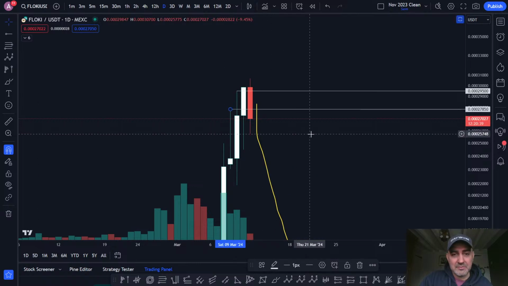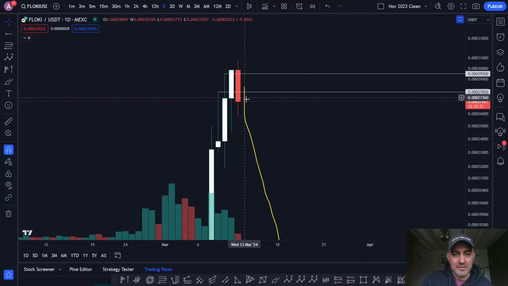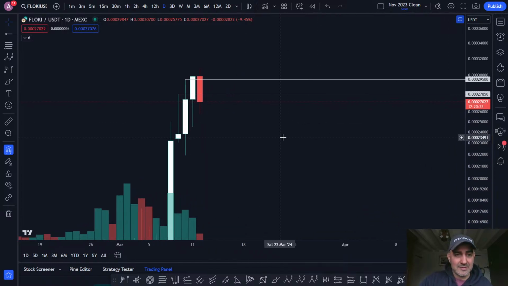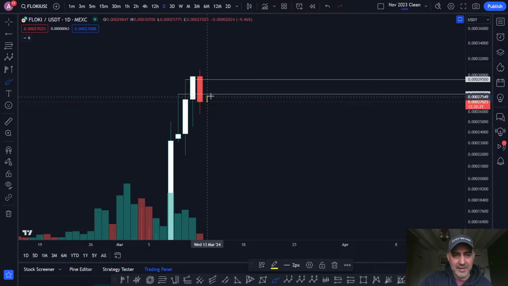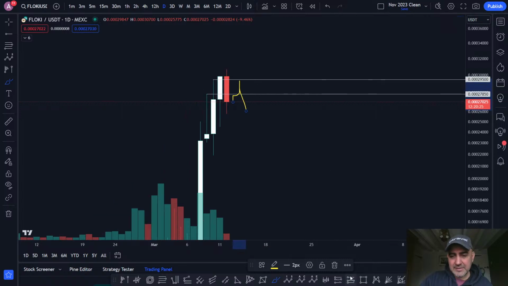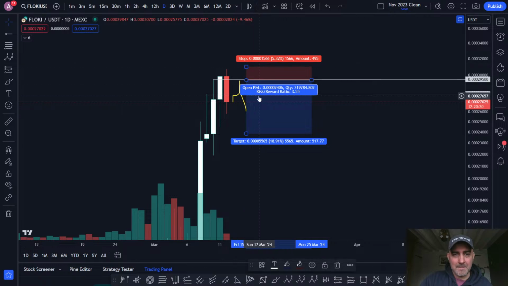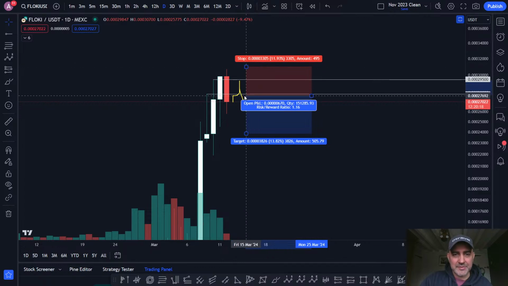Below this level as well. Maybe a backtest. Just one day, one backtest, just a green candle, just fail to get above there or there. And then you have a really easy short opportunity wherever the backtest was.